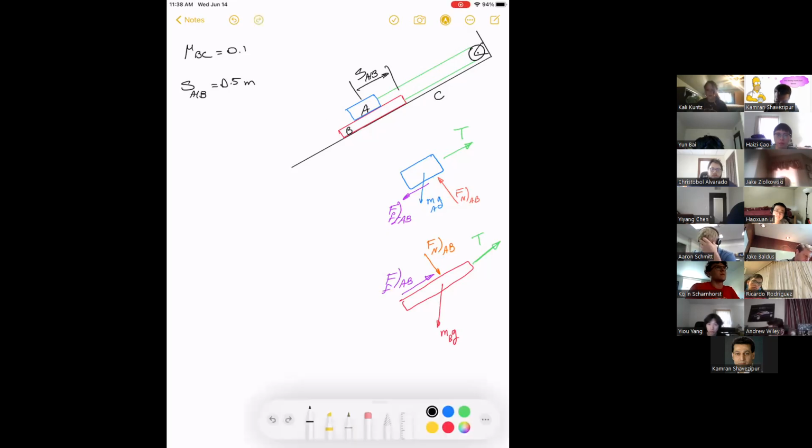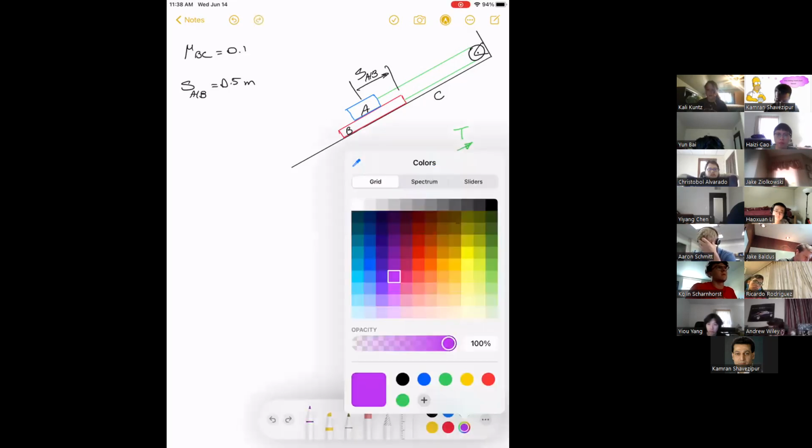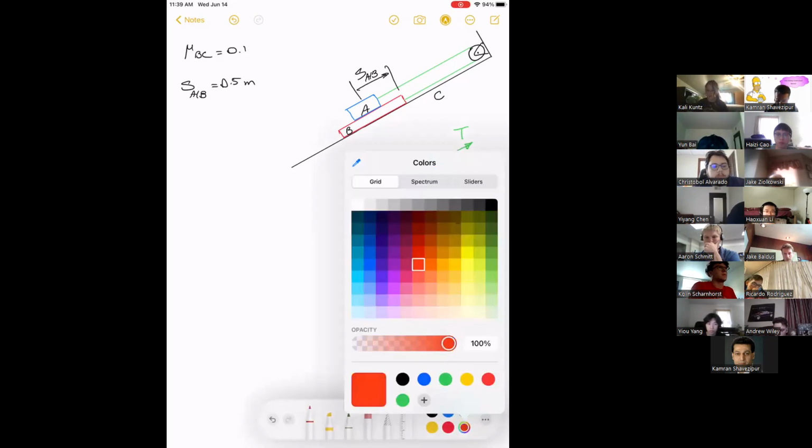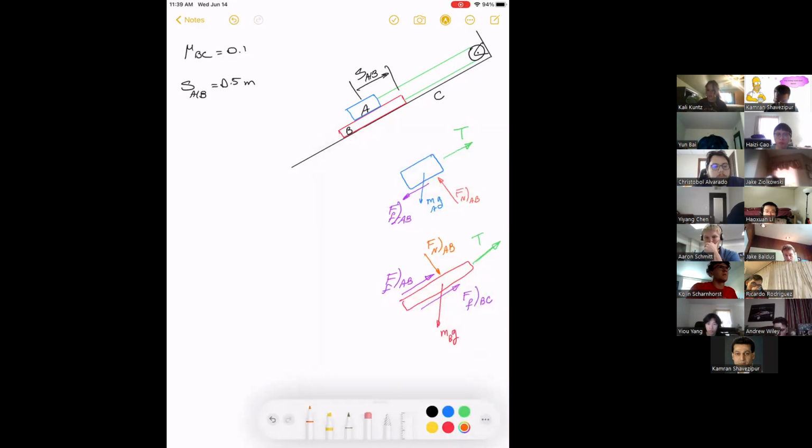So we will have a friction force going up, F friction BC, right? And there's a normal force between B and C. Fn BC. Any other forces?